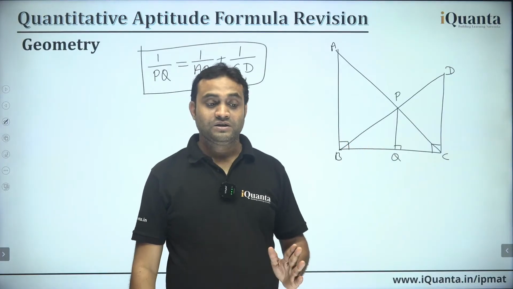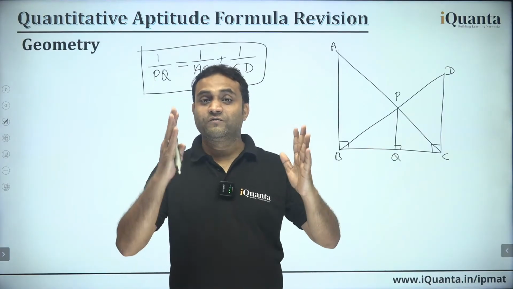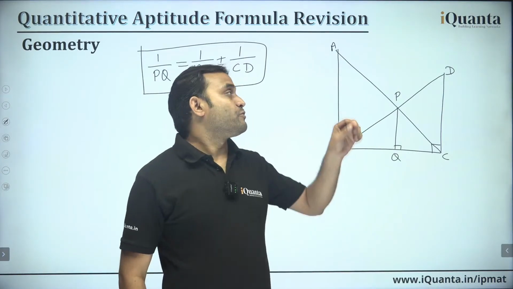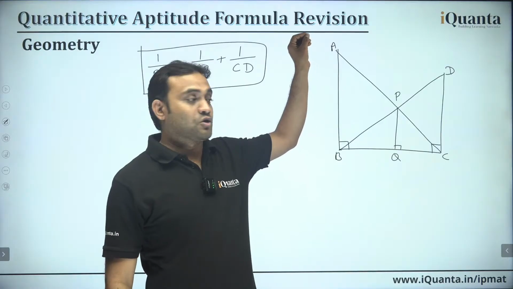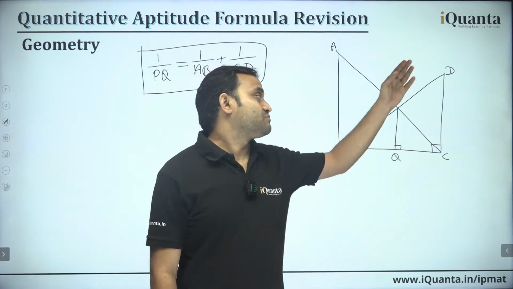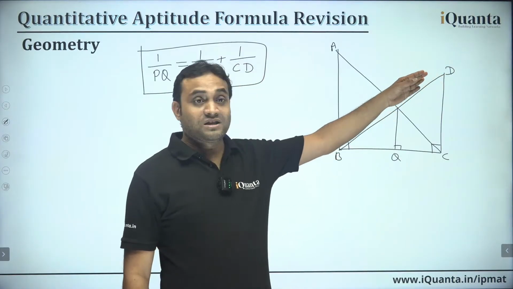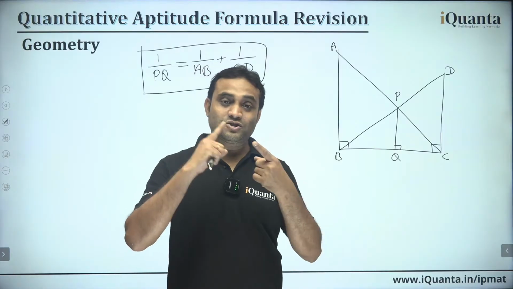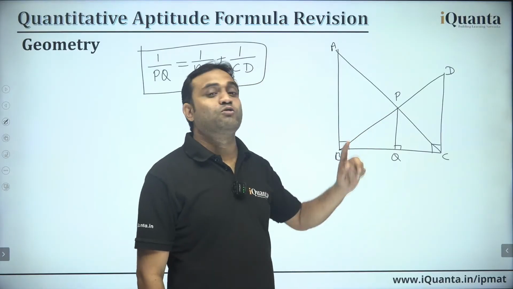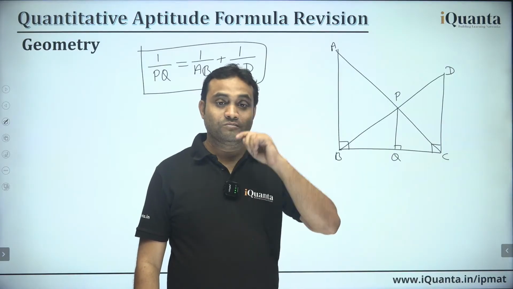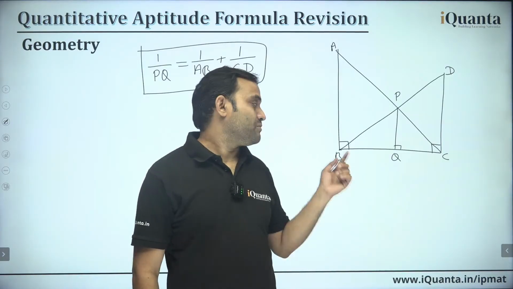There is a language of the question, and using that language we get this figure. You know, there are two poles of different lengths AB and CD. From the top of one pole, a rope is tied to the bottom of the smaller pole, and from the top of the smaller pole, another rope is tied to the bottom of the first pole. These two ropes are intersecting at point P. What is the height of point P from the base?